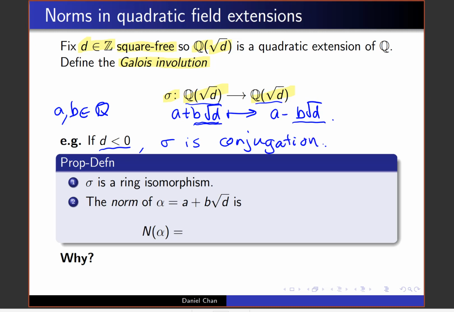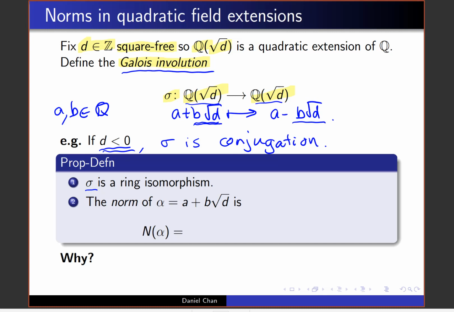That's something that we're all very familiar with, and there are lots of nice properties about complex conjugation, and likewise there are various nice properties about this Galois involution. Okay, so what's the first property? The first property that I've listed is that sigma is a ring isomorphism. In other words, it preserves addition and also preserves multiplication. That's something that you know for complex conjugation, and it's true even when d is positive.